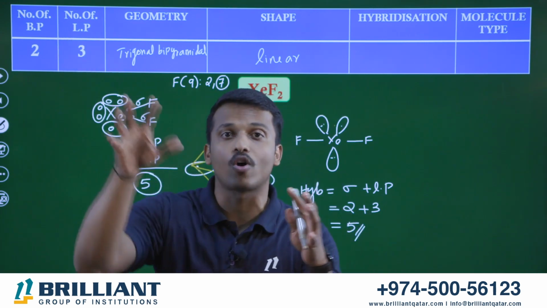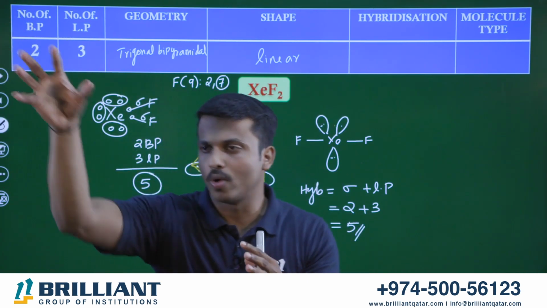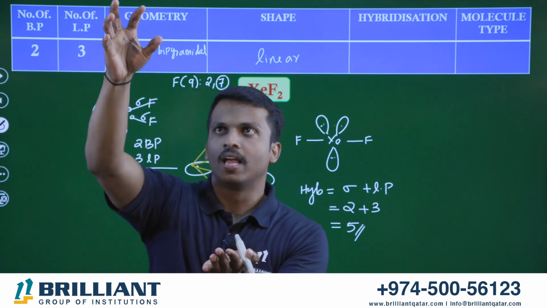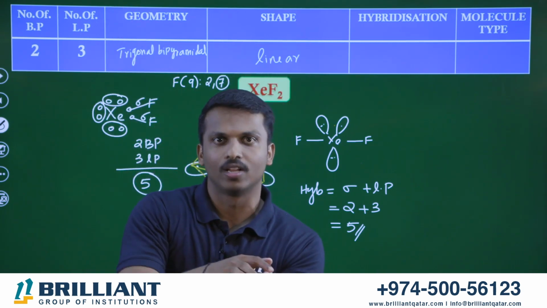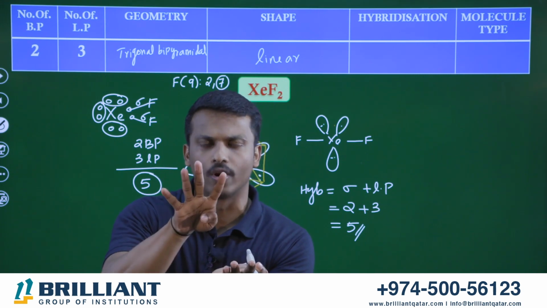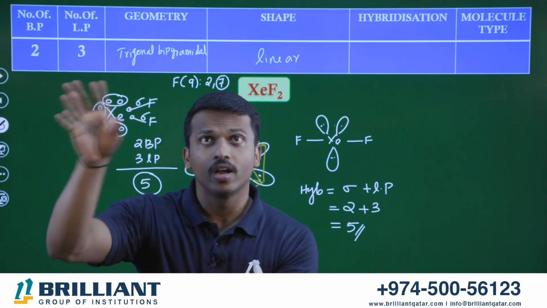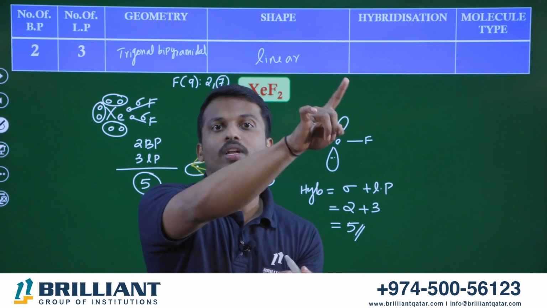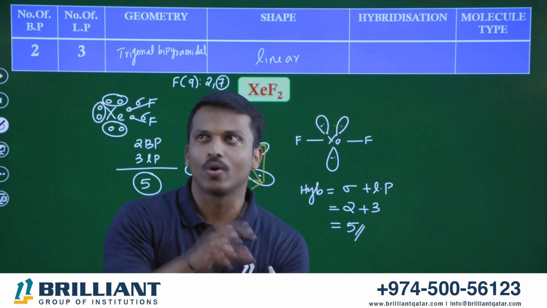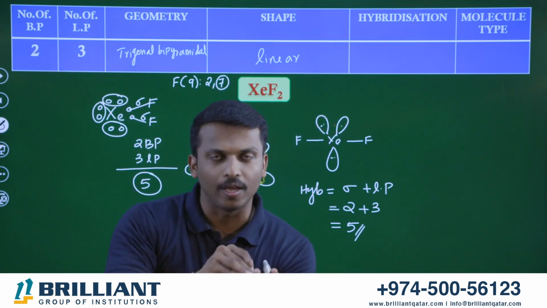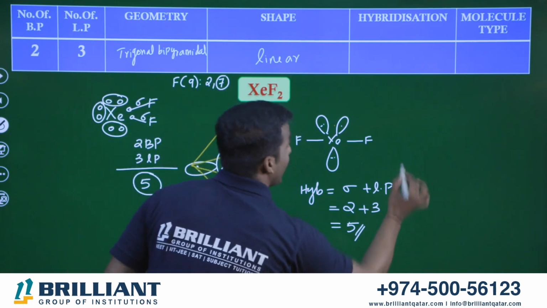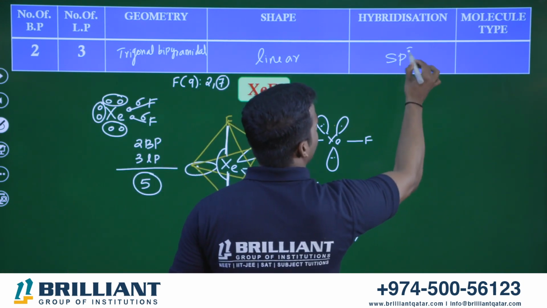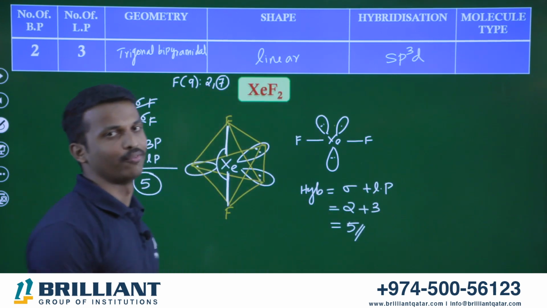Take 1 s orbital, and 3 p orbitals. So sp3, but that's only 4. We need one more, so let's go to d. Take 1 d orbital. So 1 s orbital, 3 p orbitals, 1 d orbital. sp3d is the hybridization for the system.